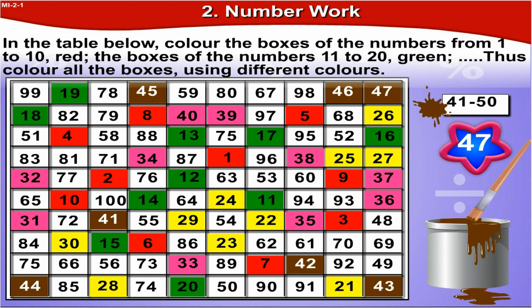Now color the box containing 47 in brown color. Now let us look for number 48 and color the box containing number 48 in brown color. Let us apply brown color to the box containing number 49. And here is number 49. Time to color box containing number 50 brown. Right.